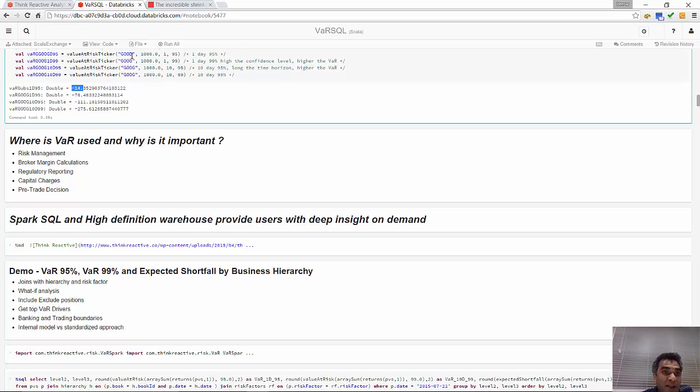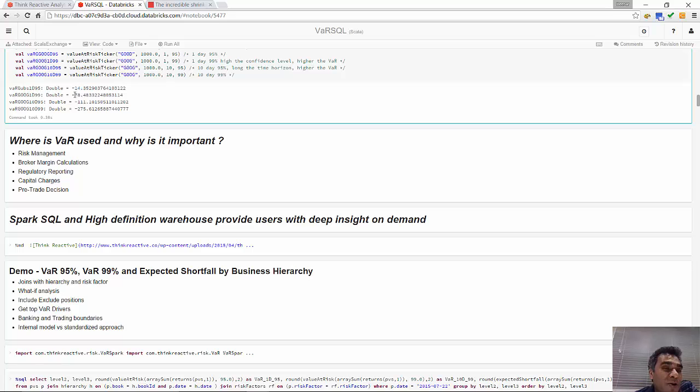So if you held $1,000 in Google shares, with a 95% confidence level you would lose not more than $14. That's another way of saying that 95 days out of 100 you lose less than $14 in 1 day if you held $1,000 in Google shares.